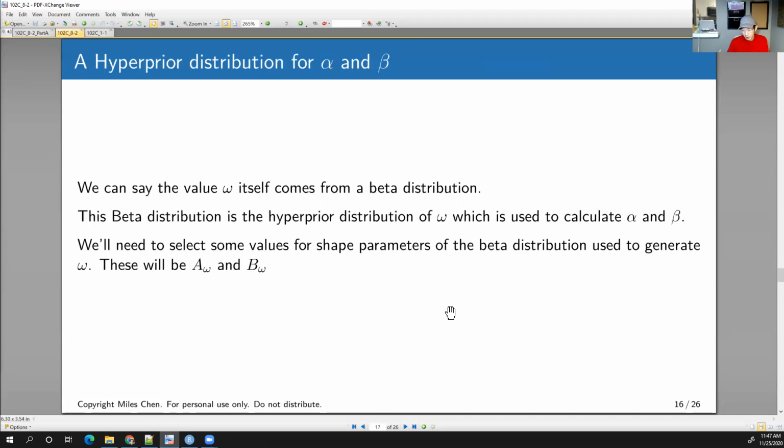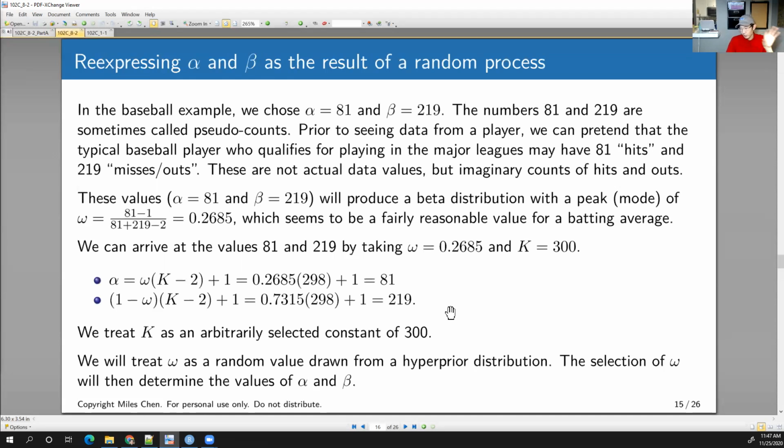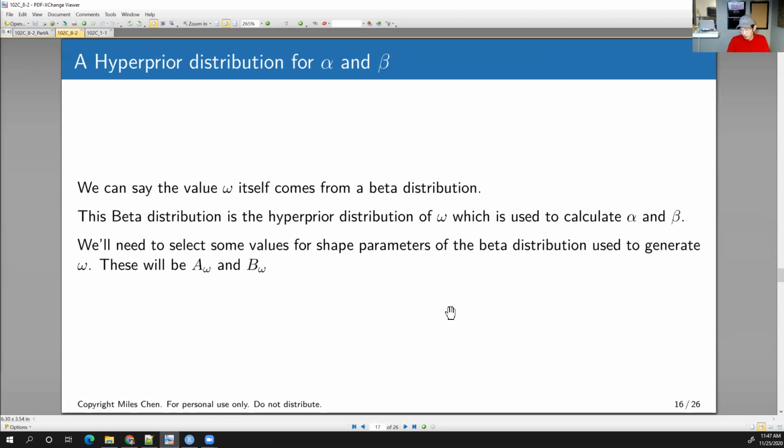So we have to make some arbitrary choices, but this will remove us a little bit from the process. When we chose 81 and 219 directly, those arbitrary choices had quite a strong impact on the resulting posterior distributions. Now that we're choosing a layer removed from it, our choices will be less impactful, and the data will have a greater influence now.